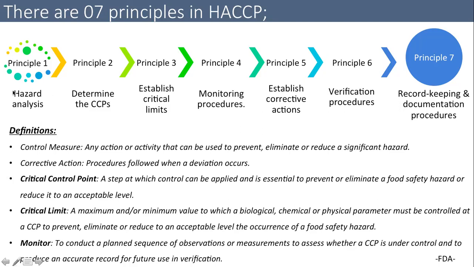Sometimes there are so many hazards in our process line. Out of all these hazards, we have to identify the critical control points. What are the critical control points? Critical control point means we can't change the product again.